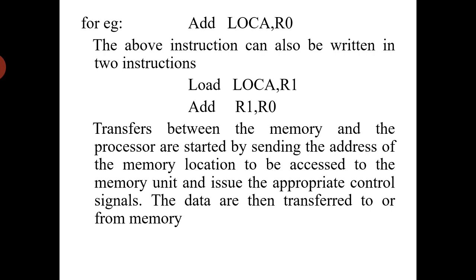Memory has different semiconductor storage cells and each cell has a unique address. Here location A is an address in the memory and R0 is a general purpose register. These general purpose registers are present within the processor.